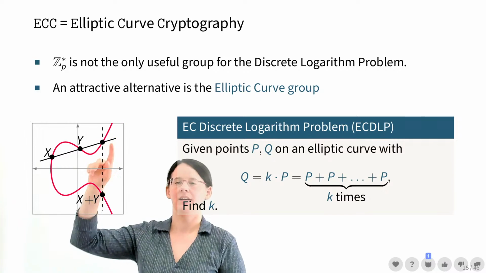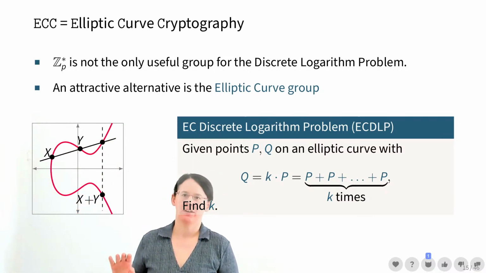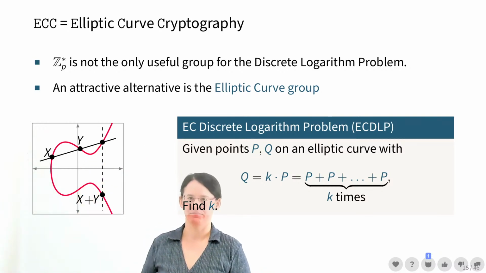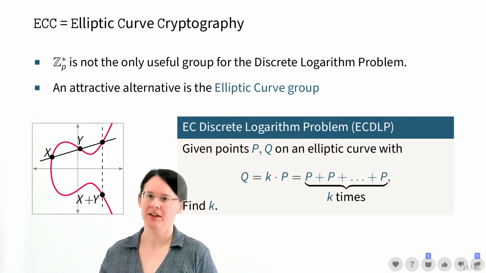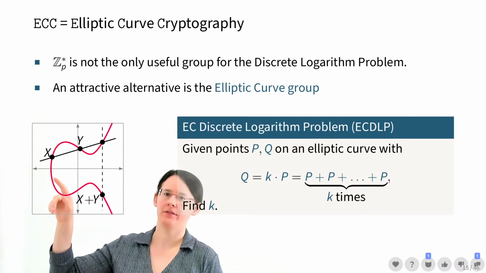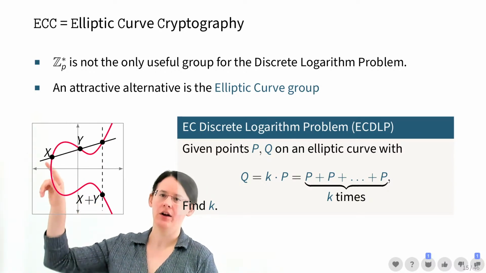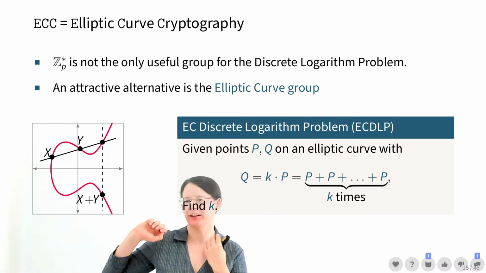So the red curve here denotes all the x and y coordinates in this real valued visualization that are valid on the curve. So in this picture here, every point that is on this red line would be a valid curve point. And the picture here tries to illustrate what the addition works like.